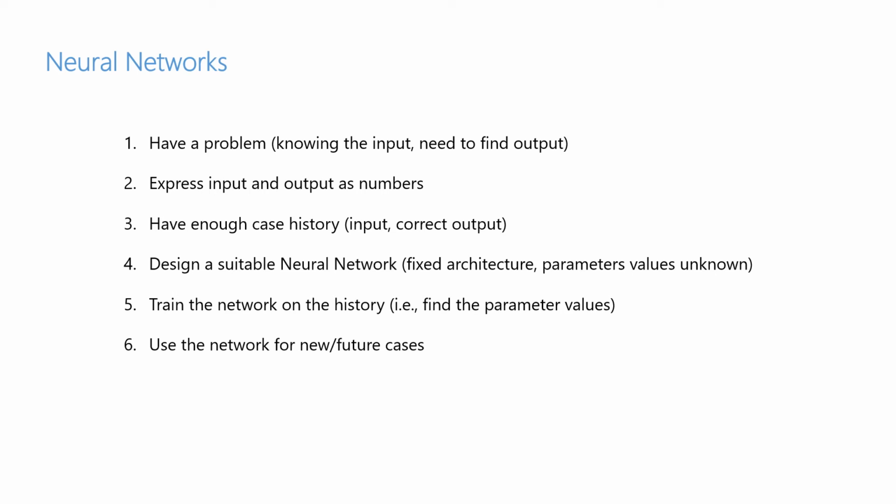And then we are good to go, and we can train the network on the cases that we have, and then we are done. If the testing of the network shows us that the errors are small enough and the predictions are good enough, we can use the network to solve future new occurrences of the problem.